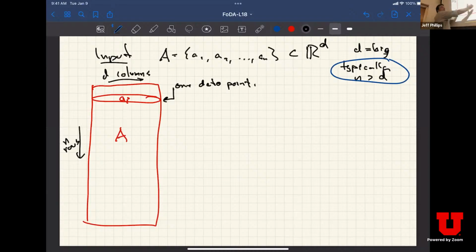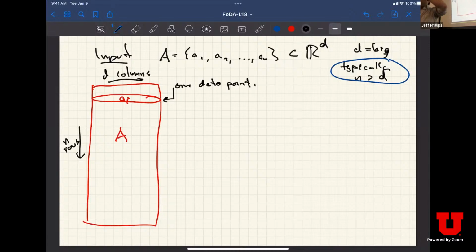Each column is one dimension here. So this is how we're going to think about our data as a matrix, and the SVD, which we're going to cover starting next lecture, is going to take the input as a matrix and operate on it with linear algebra tools. We'll think about this both as points and as matrices, but the SVD will only see it as a matrix.